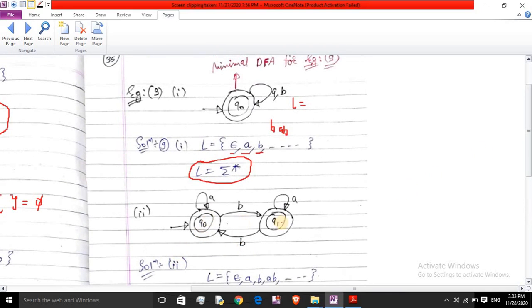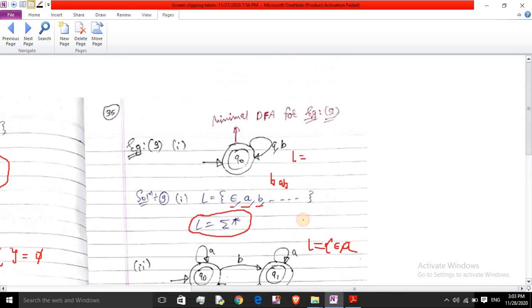Now look at here. What is the language accepted by this? It will contain the epsilon string. Then there is a transition on a, b. It will contain all the strings. Actually now look at this.